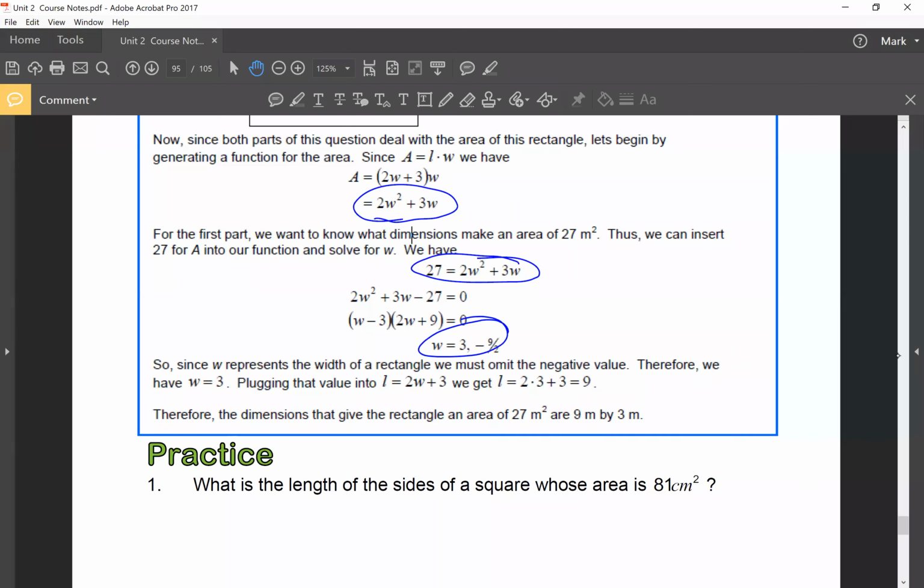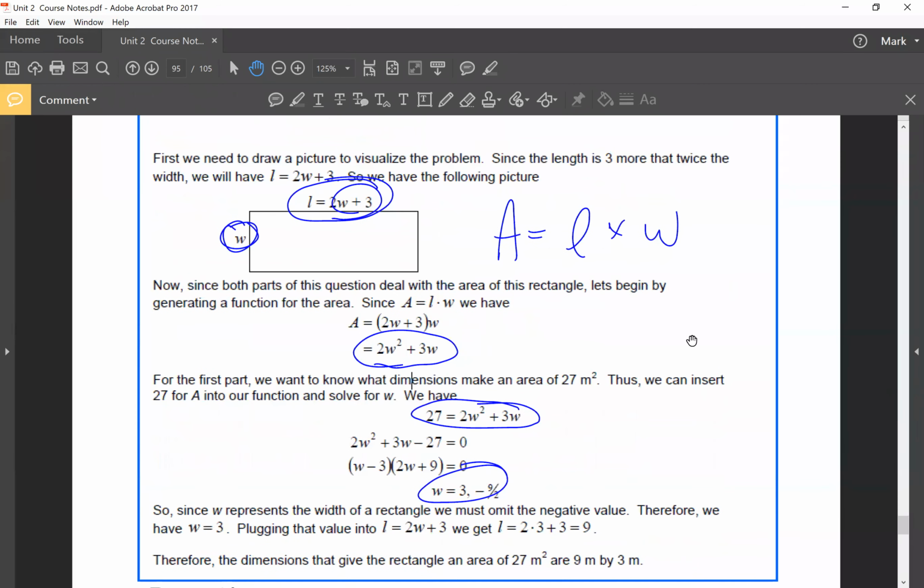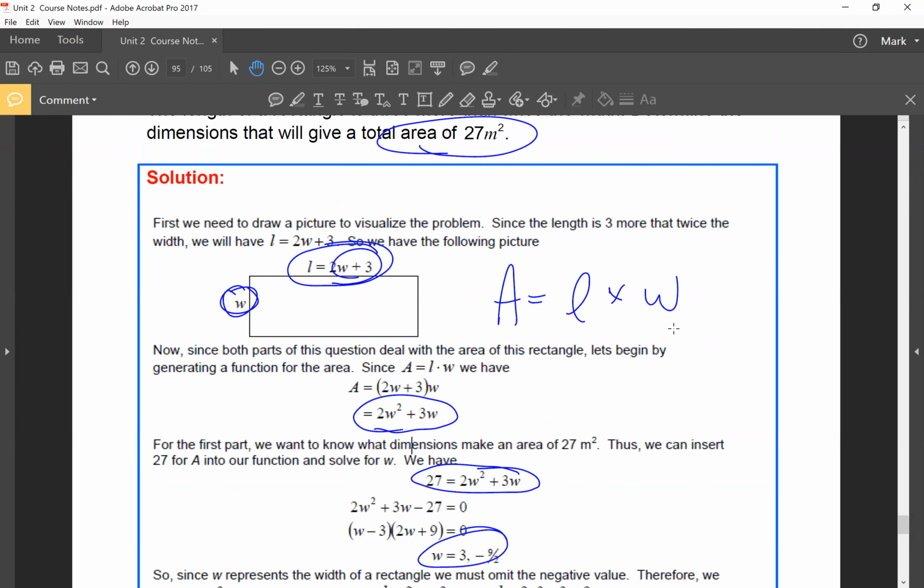And this question, by the way, it solves it by factoring. You could solve this if you want using our good friend, the quadratic formula, whatever you want. But the key here is it's not about solving it. It's about setting it up. Once it's set up, you can solve it by factoring.